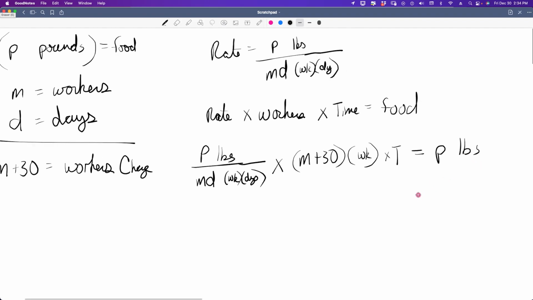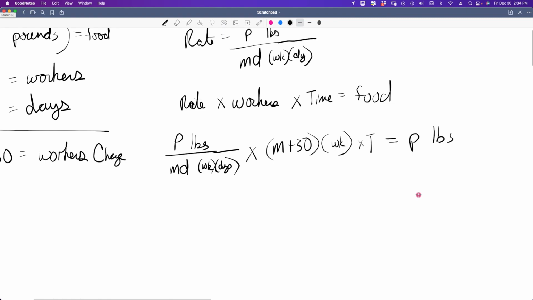Just like we did in the previous problem, I am going to condense these two into one expression as much as possible to make it easier to bring this over and divide. If I put this over 1, it becomes two fractions. I can cancel the workers from here and here because they're factors.